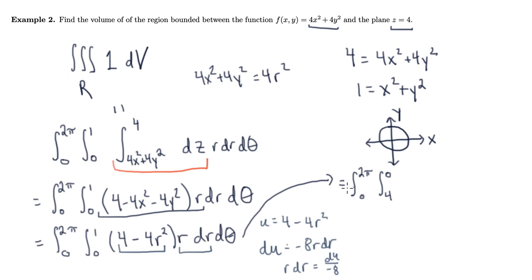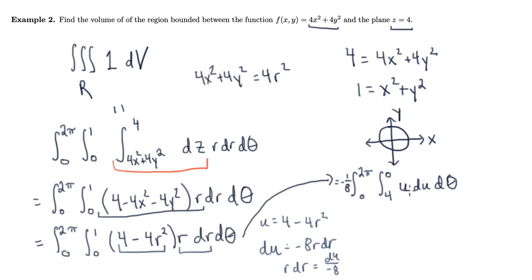So recall our negative 1/8 we pick up from the substitution. So negative 1/8, just leave that out front. And then we just have u, and then du d theta. Alrighty, and so what is this?